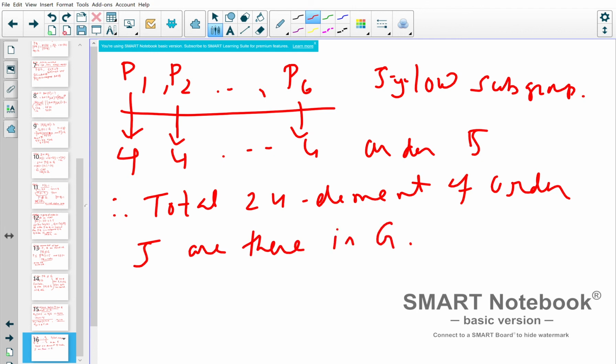If the Sylow subgroup is not normal, there must be 6 such subgroups, and you have 24 elements of order 5.